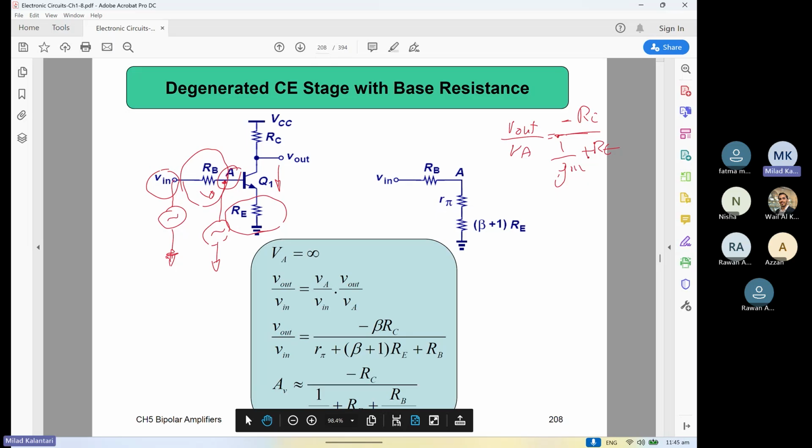But to find the IB, you need to find what? The impedance of the other part. You have this V in, you have the R base, you have some box, and you don't know what it is. You want to find the voltage over here, VA.